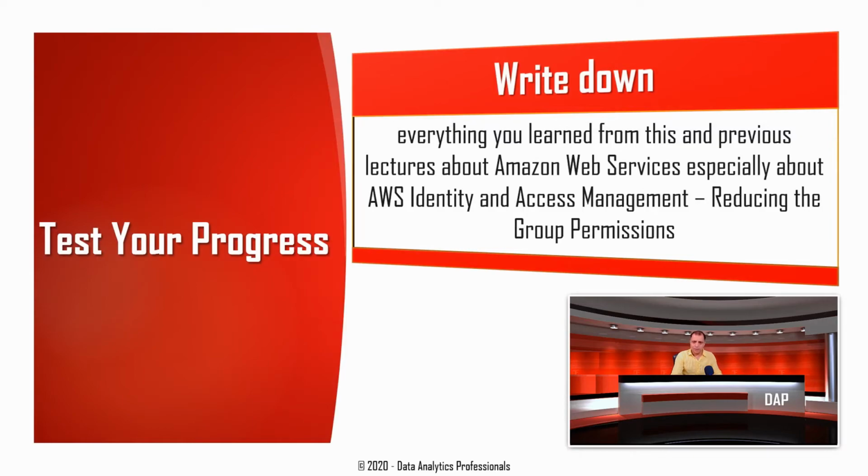Now, to test your progress, I suggest you write down everything you have learned from this and the previous lectures about AWS, especially about AWS Identity and Access Management. In this lecture, we talked about reducing the group permissions to have better control on our AWS account. As an administrator or project manager, it is our duty to keep track of these things and put more and more control on our AWS account.